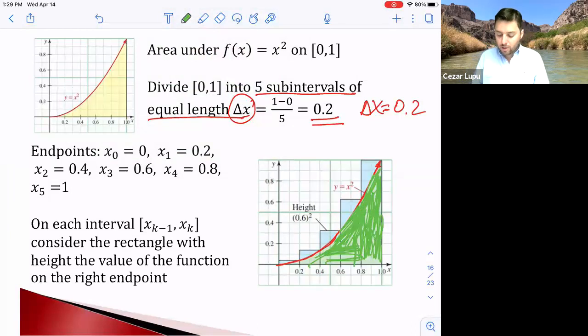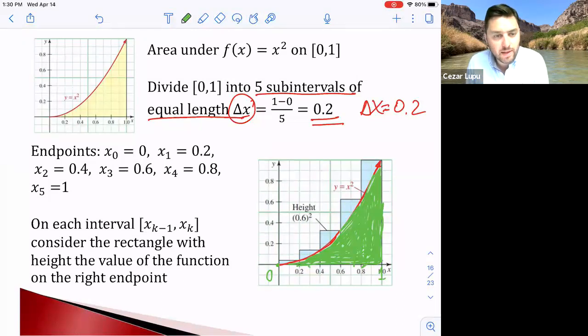So first, I'm going to divide this interval 0, 1, because it starts at 0 here and goes all the way to 1 here, into 5 intervals of equal length. So that's the area under the graph.